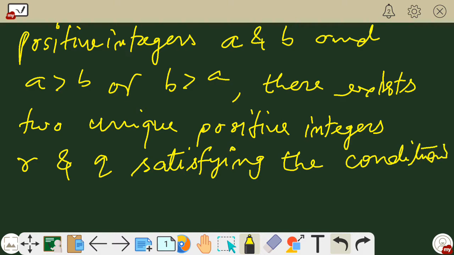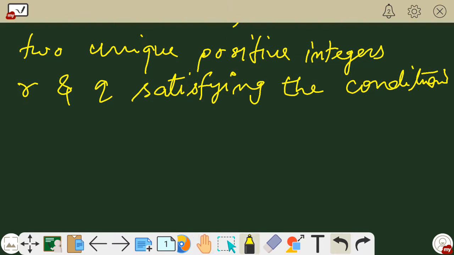Here r is the first letter of remainder, and q is the first letter of quotient. We have already defined this, but once again we will define it. The condition is a is equal to bq plus r.